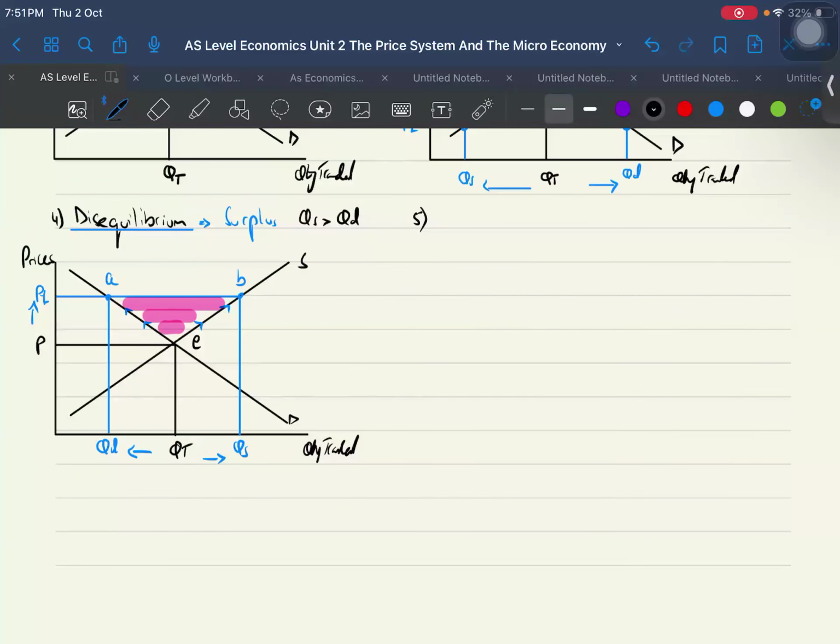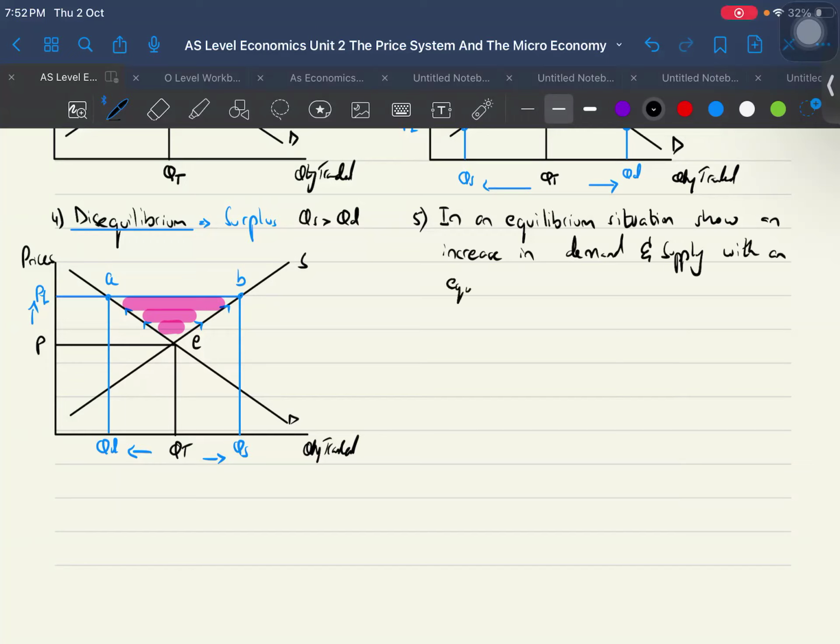Now, case number 5 is an equilibrium situation, show an increase in demand and supply with an equal percentage.